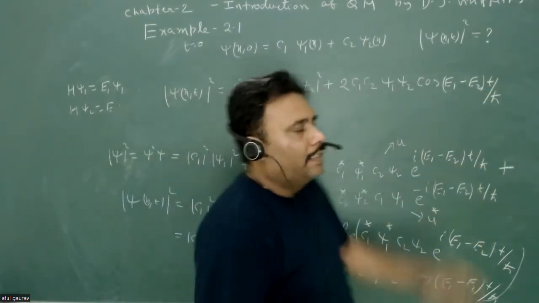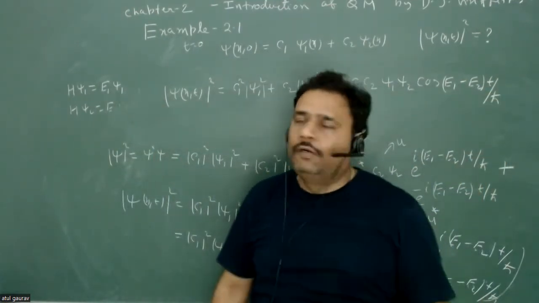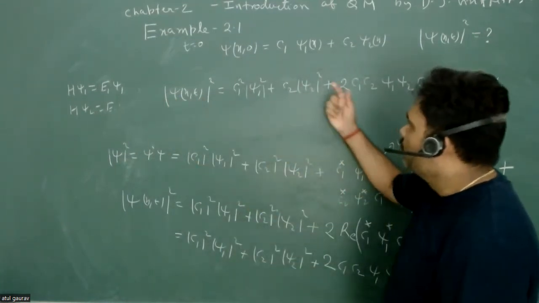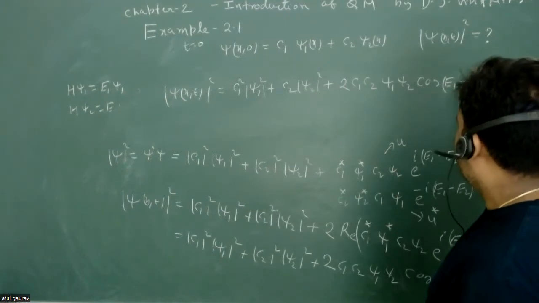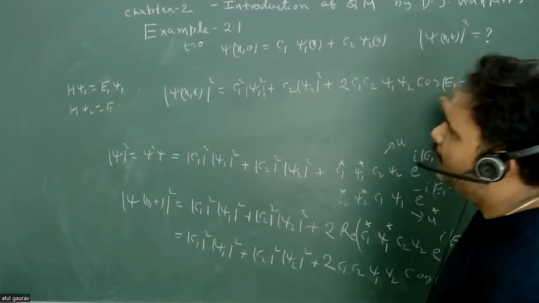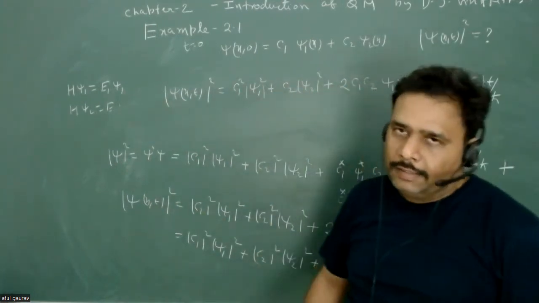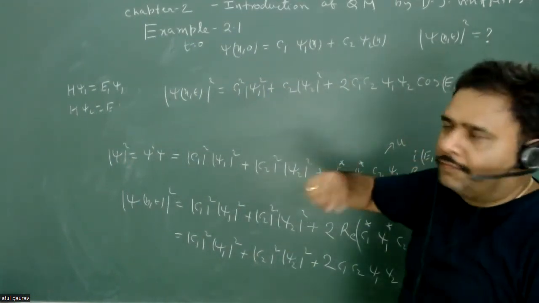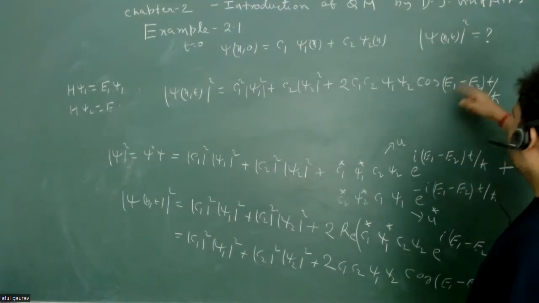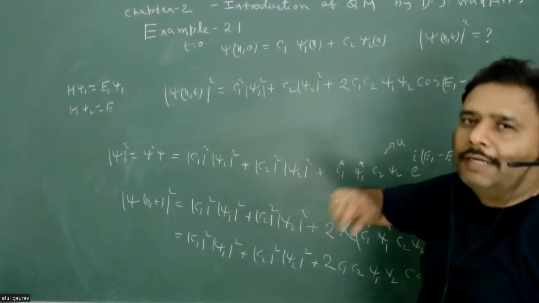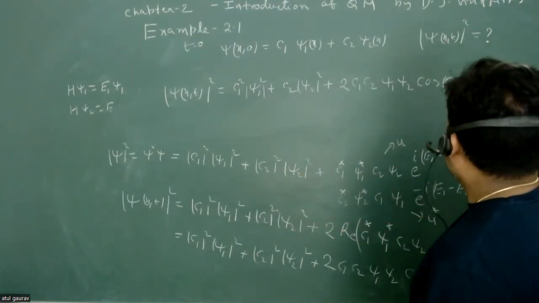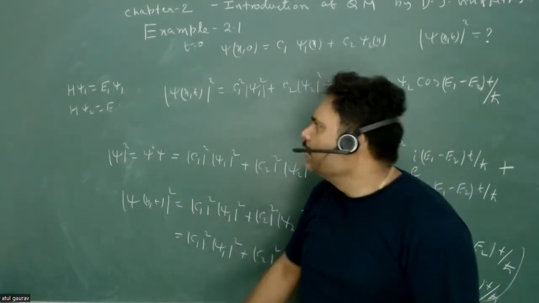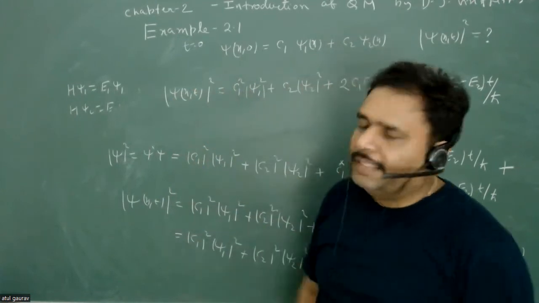We can see that this whole mod psi(x,t) squared evolves with time, and it is a function of cos, which is a periodic function of time. The angular frequency of this period depends on nothing but E1 minus E2. So this is a very interesting expression of mod psi(x,t) squared.